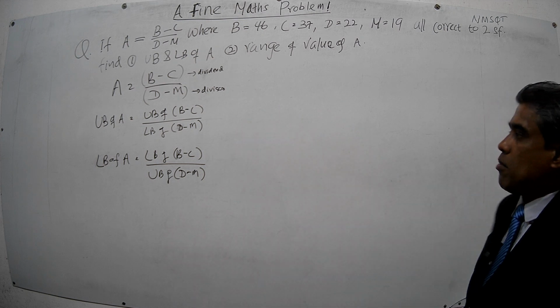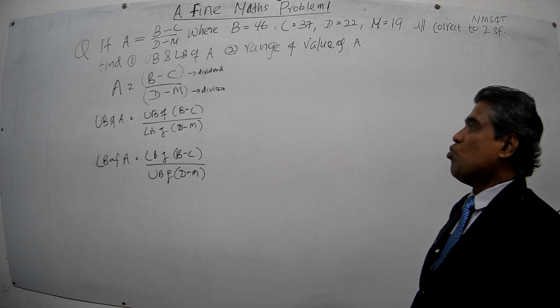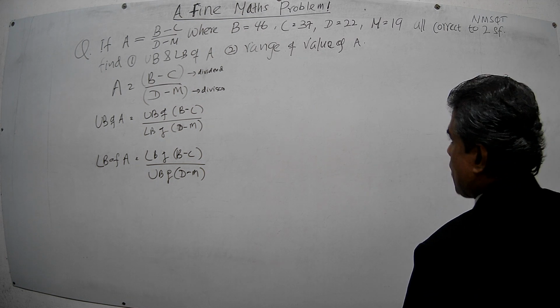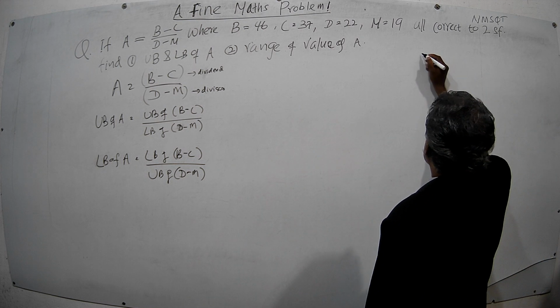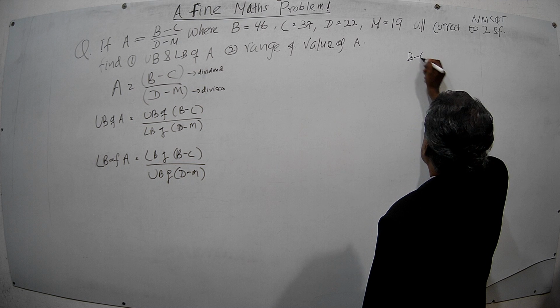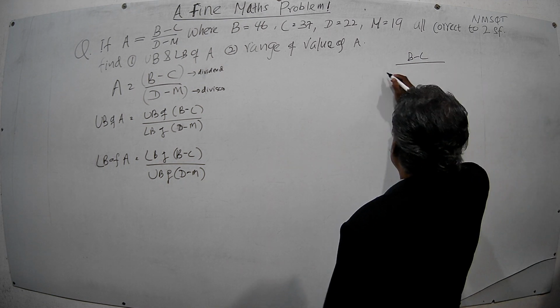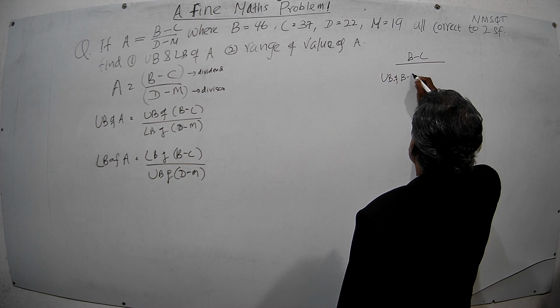After finding the upper bound and lower bound of A, it's very easy to write the range of values of A. First of all, we find the upper bound and lower bound of B minus C. This is the workings. If I first write the upper bound of B minus C, right?